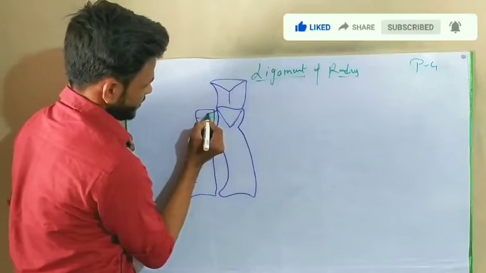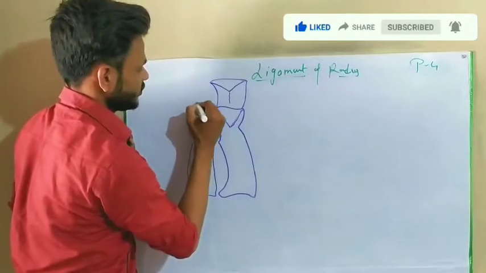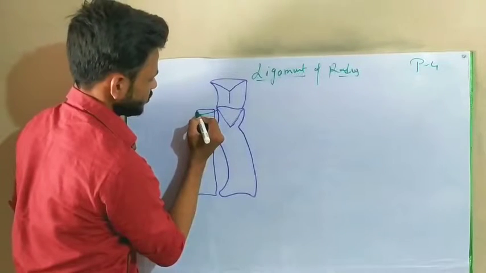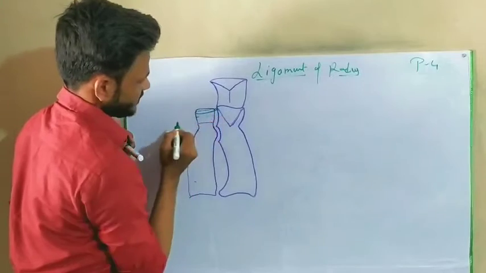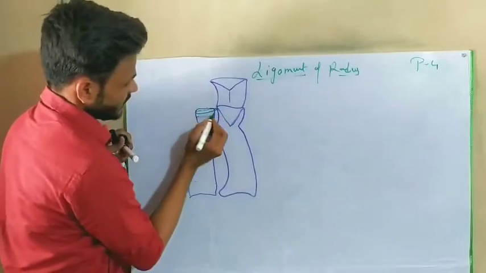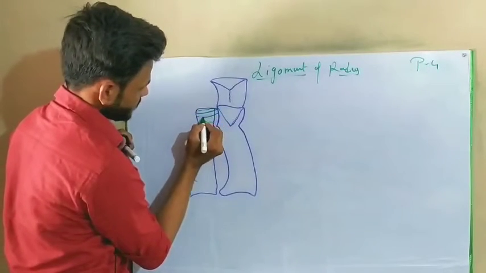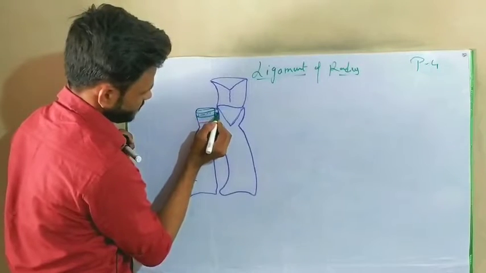It starts from the radial notch of the ulna and it encloses the head, and is attached at its original site. This is our annular ligament.